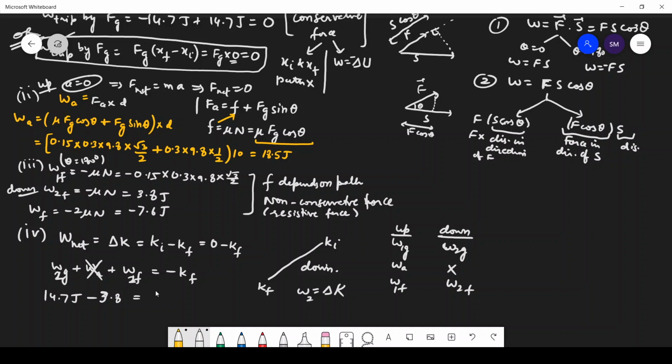If I want to find the absolute value, not indulging into this negative positive thing, that will be equal to the final kinetic energy, and if we subtract, it comes out to be 10.9 joules.